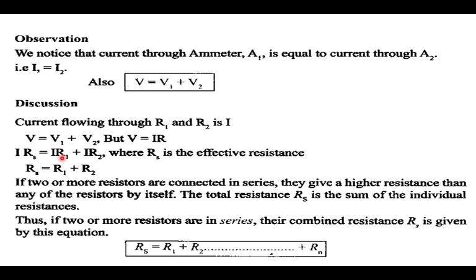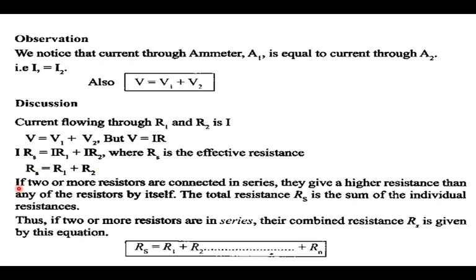If you look at the equation, you see I is common. You can cancel it safely, so that what remains as total resistance is this equation here. Rs, which is the total resistance, is equal to R1 plus R2.